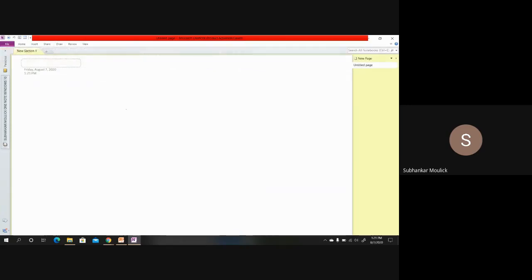So if I take a beam, say this is a simply supported beam, that means the beam is having support at the two extreme endpoints.